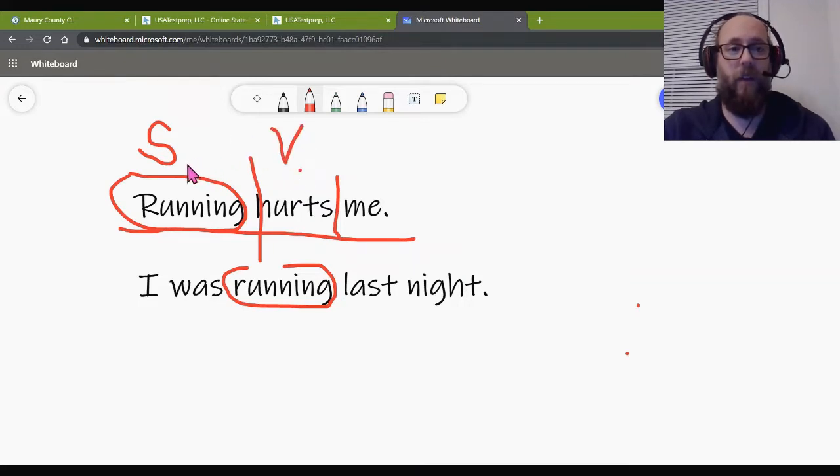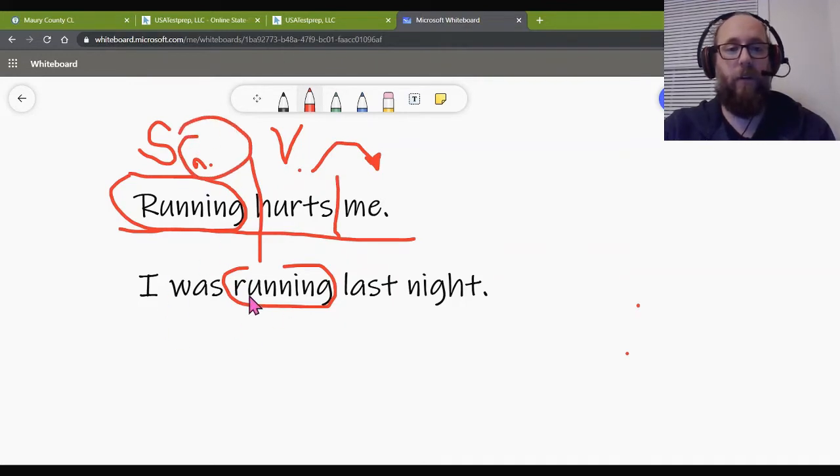So this is actually acting like a noun. This is a noun. Okay, so the subject, a noun, is doing this. So this is actually an active voice sentence because the subject is doing the hurting and it is hurting me. Me receives the hurting from running. Okay, so this participle is acting like a noun.